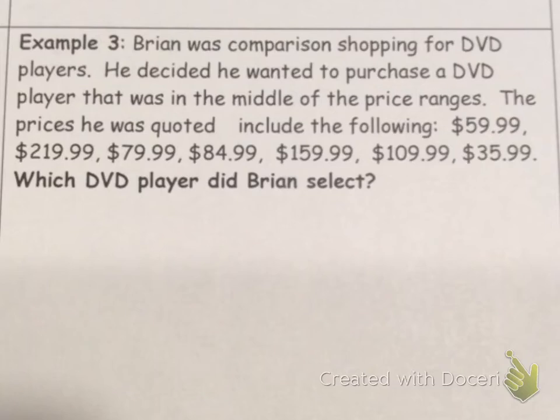So it said the middle of the price range. Middle is median. Normally we would write all those numbers out from lowest to highest and then find the middle number. I'm just going to cross off the lowest and the highest, if that's okay. So the lowest is the $35.99. What's the highest? 219. Yeah, so we'll cross those both off. What's the next lowest price? 59.